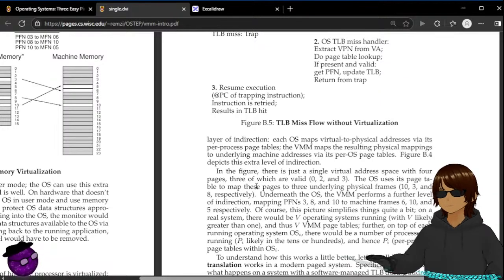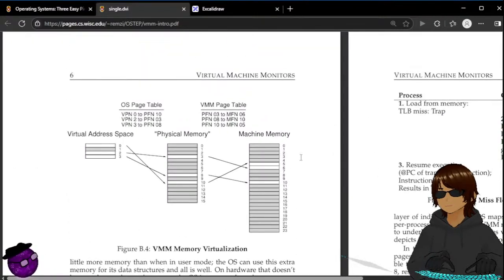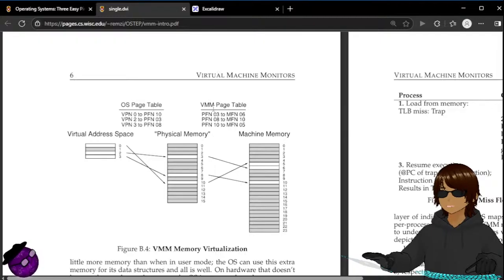Figure 4.p depicts this extra level of indirection. So OS page table: VPN, virtual page number to physical frame number, so 0 to 10, and VMM from 3 to 6. This is the machine frame number, right?